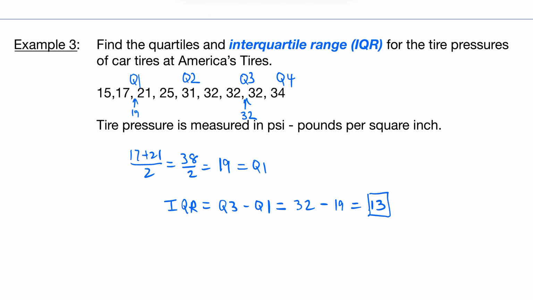There's a lot of variability in the middle 50% of the data. If the interquartile range were like 2 or 3, then we would say that the middle 50% are very close together, and therefore the tire pressures are very consistent.